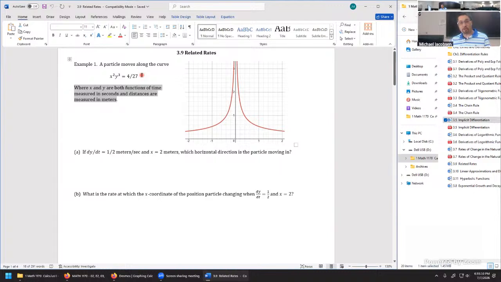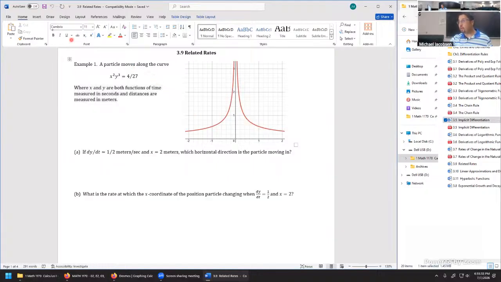We're going to say that this particle, whatever it is, is moving along this curve. So this is its trajectory. x and y are functions of time, which might mean negative 2 is negative 2 seconds. That's kind of awkward, but we're going to be focusing on the right branch. The particle is moving across this trajectory here.